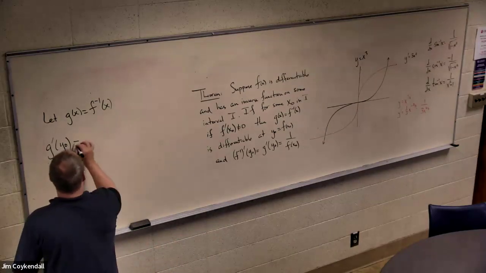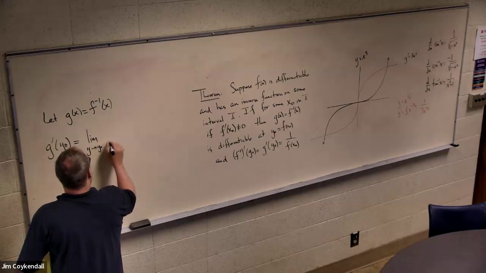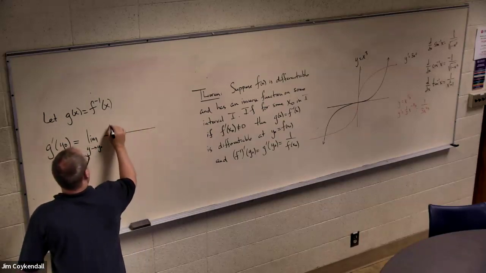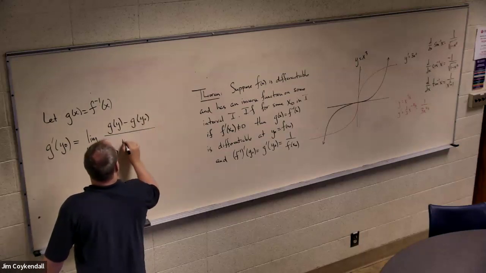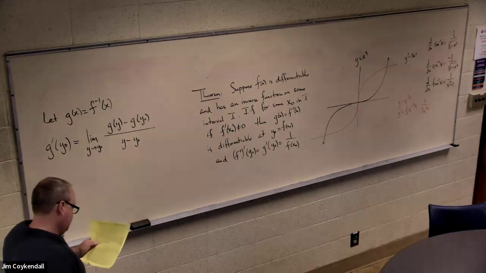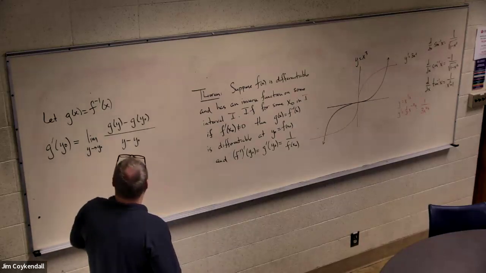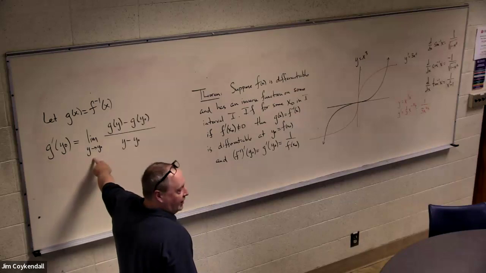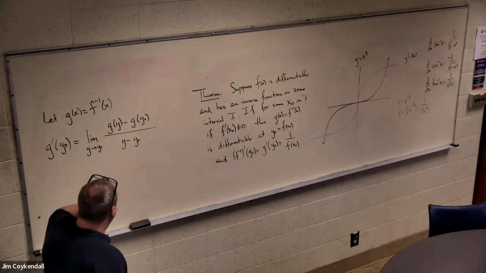This is the limit as y goes to y0 of g of y minus g of y0 over y minus y0. This is the definition of the derivative, right? As y gets close to y0, this is the limit of the secant slopes, right?